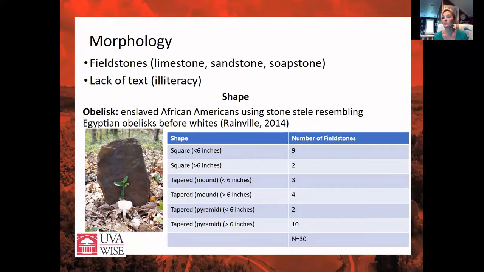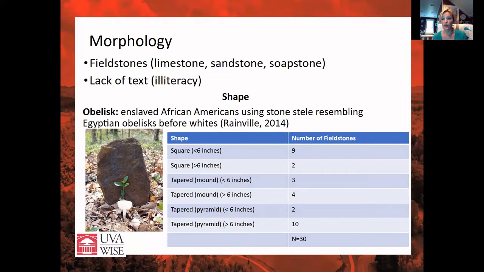So let's talk a little bit more about shape. Rainville's work in Central Virginia's African American cemeteries revealed a pattern of stones resembling the form of Egyptian obelisks. So that's an ancient form that precedes Christianity. They were used to signal the entrance to temples.